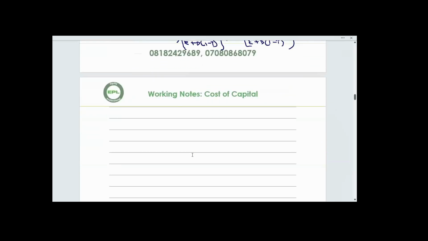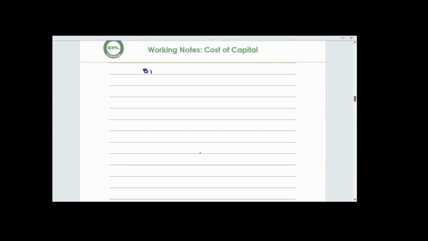Therefore, the beta assets will then be equal to 1.18 multiplied by equity value of the proxy.